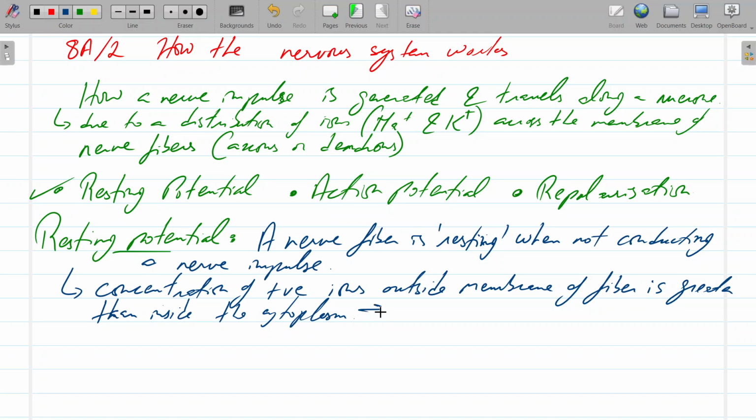And so comparing the distribution of ions, it is more negative on the inside.